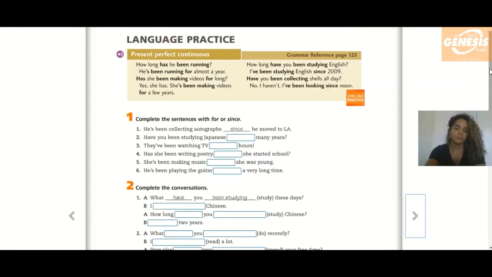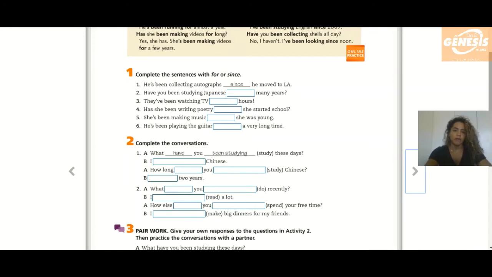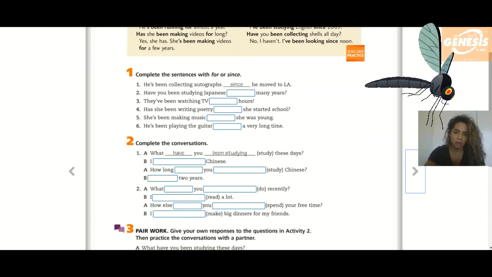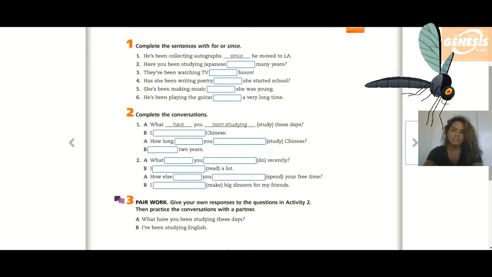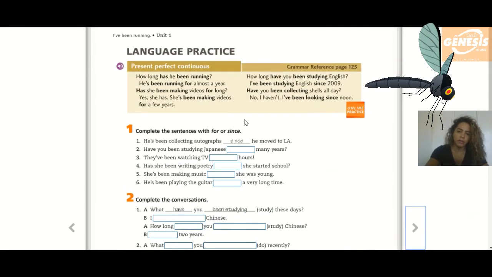All right? Now, returning to page 6 in Unit 1, we see here in the language practice the exercise. So, here I have: complete the sentences with for or since. All right? So you are going to complete the blank spaces. Number 2, we have: complete the conversations. So you are going to put the structure, as you can see up here, right?